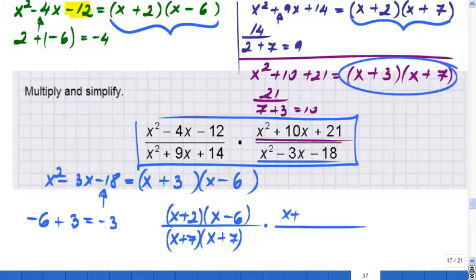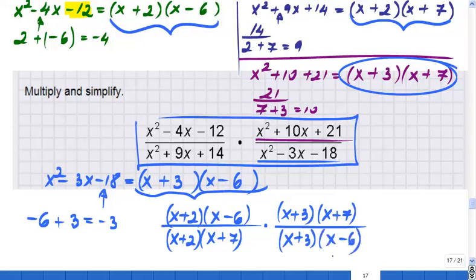The next one is what? X plus 3. Hold on, here was x plus 2, not x plus 7. Right? X plus 3 times x plus 7. And the other one is here, over x plus 3 times x minus 6.